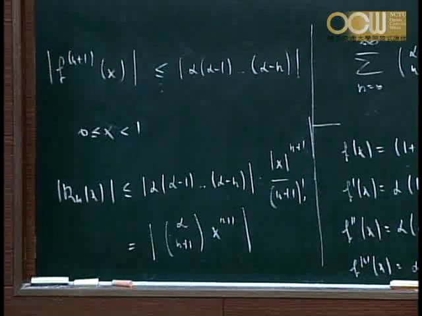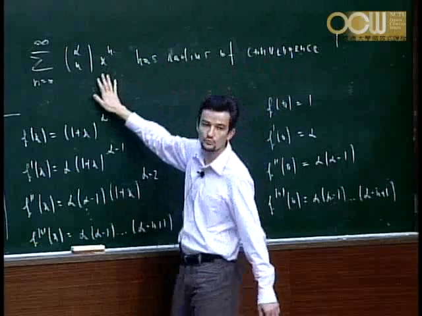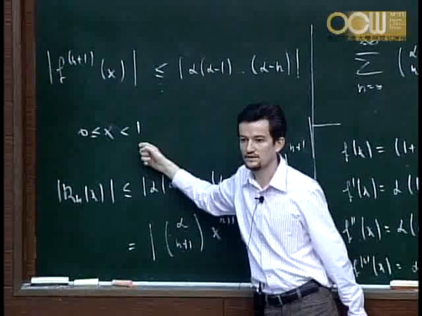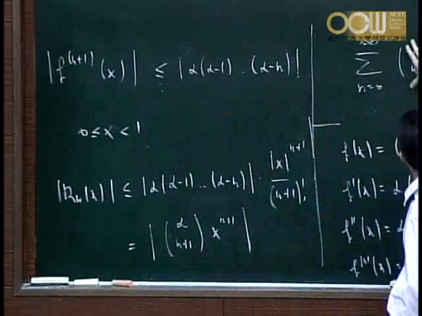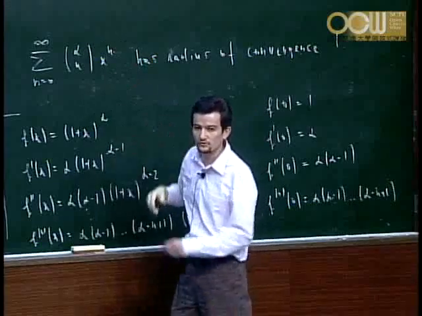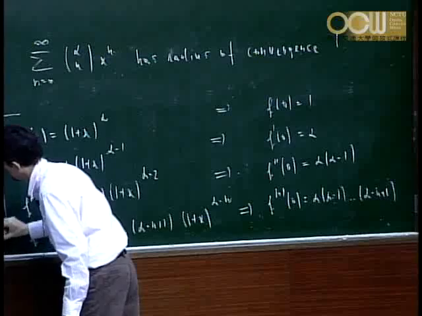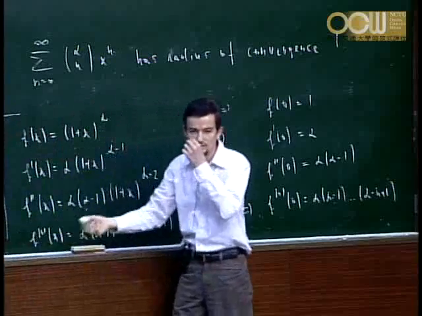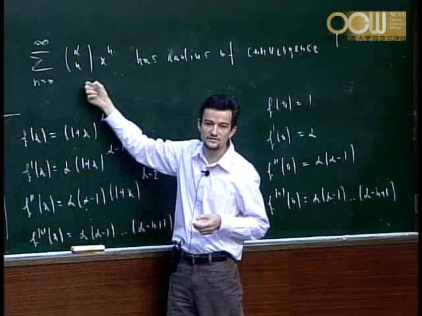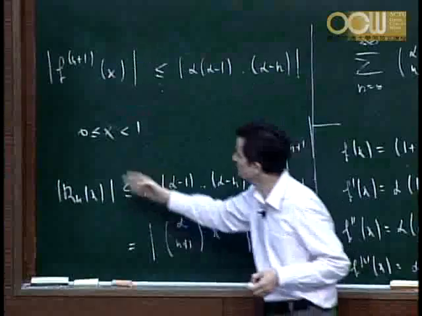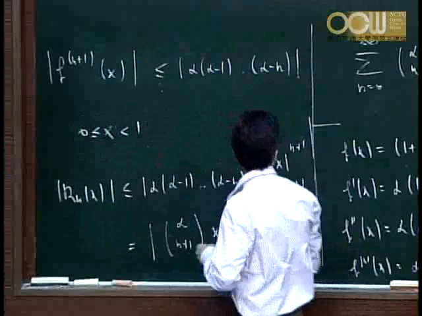Now we have proved already, because we know that the radius of convergence of this series is 1, convergence for all those x of this series, which implies that the terms tend to 0. So this tends to 0 as n tends to infinity. It doesn't look so easy, this term, but we immediately get this from the convergence of the series.